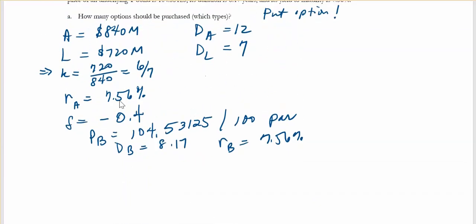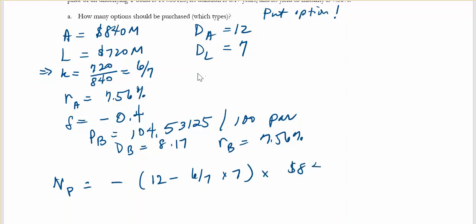Right, so I'm going to need definitely much more space here. And now we're just going to plug into the formula. And we're assuming no basis risk, because it's not mentioned. So the number of put contracts, we have the leverage duration gap. So I'm just doing the 12, 7, the K is there.